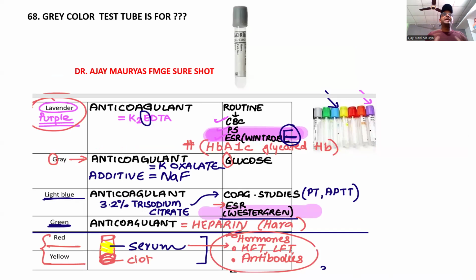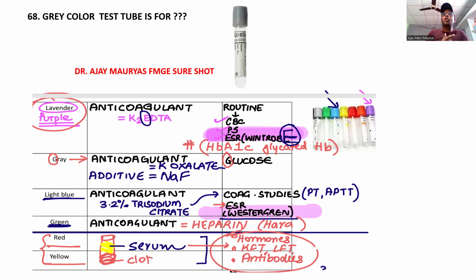The next one: the gray color test tube is for what? It is for the anticoagulant. If you want to do the blood test for sugar, you have to extract the blood and keep it in the gray test tube. What is there in the gray test tube?